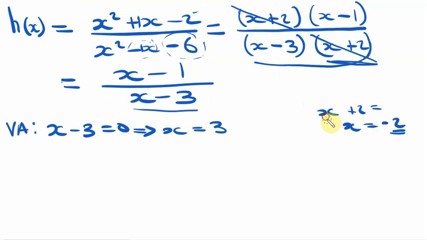So this is also a zero of that denominator. But since this factor was cancelled out, it does not give us a vertical asymptote of our function. However, it does give us what is known as a hole.